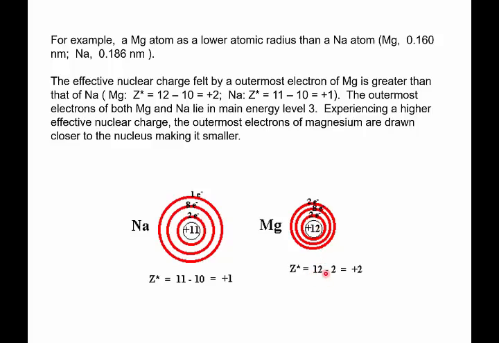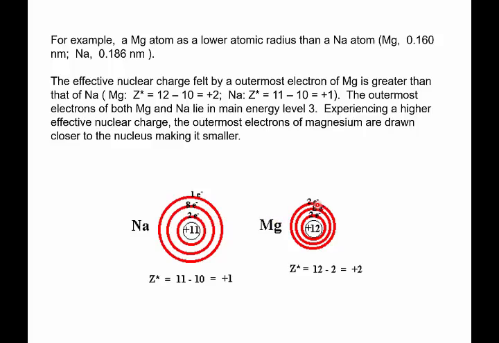So actually the earlier calculation has an error in it. It's the actual nuclear charge +12 minus the number of interlying electrons, 8 + 2 is 10. That gives you +2. So the effective nuclear charge felt by an outermost electron in magnesium is +2. Effective nuclear charge in sodium is +1.